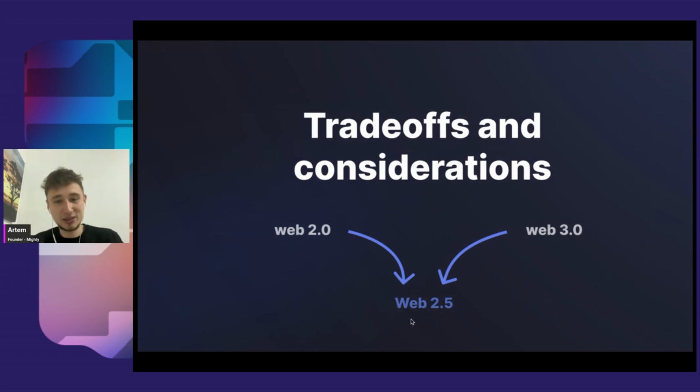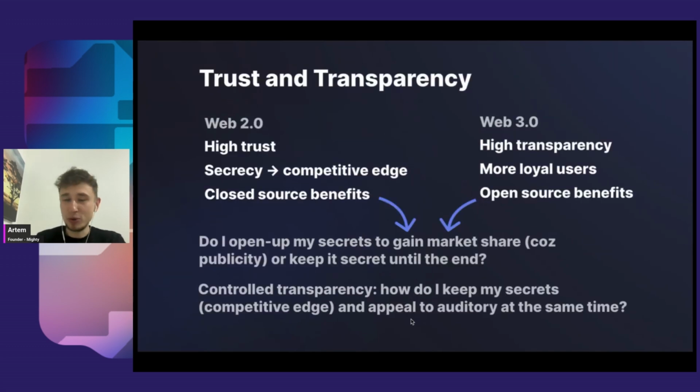So again, in the next section, I want to talk about what questions can you ask yourself as a founder or as a product manager or developer. What are the trade-offs and considerations you have to consider before building the product like this? And I want to start with trust and transparency, and we will have a lot of different topics like that in later slides.